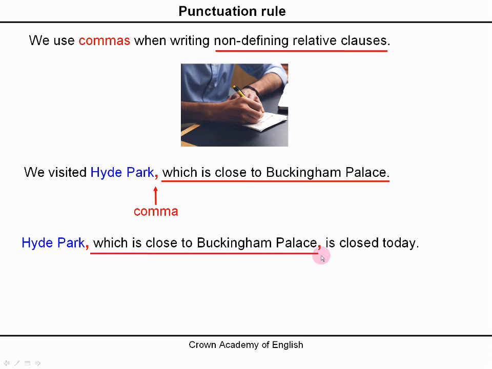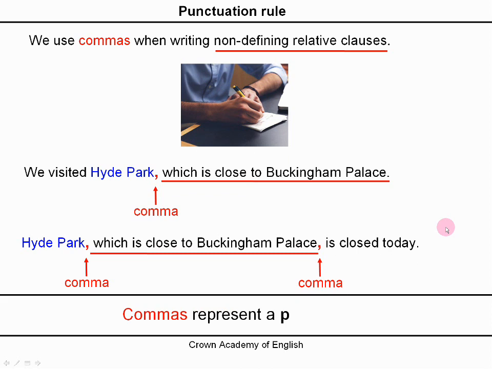Comma here and a comma here, and everything outside the commas, that is just the main sentence. Hyde Park is closed today. And the extra information is that it is close to Buckingham Palace. And that is obviously the comma here and here.